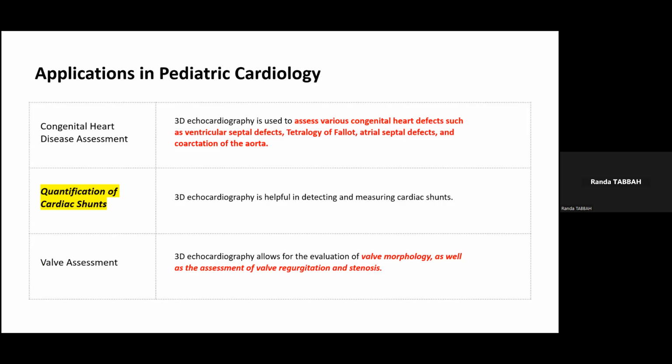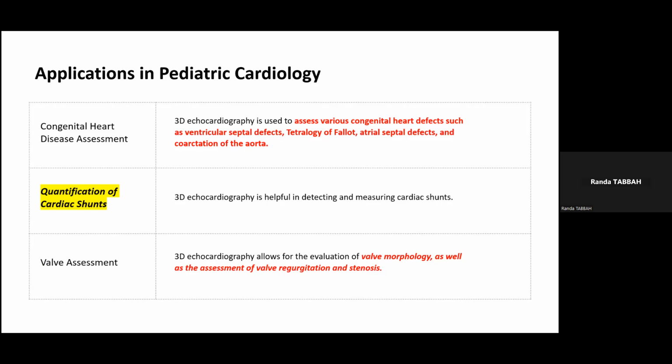For example, you have the single ventricle. We can have a better evaluation of the volume and function of a single ventricle using 3D echo more than 2D echo. We can also have a better evaluation of the anatomy and morphology of the valve, in case you have a bicuspid valve with some association or other complex morphologies.